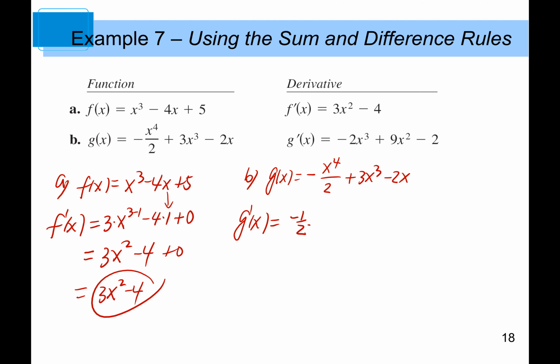Negative half, put the exponent 4 in front. Reduce the exponent by 1. Plus 3 times 3 x to the 3 minus 1. 2 times derivative of x becomes 1. So negative half times 4 becomes 2x to the third plus 9x squared minus 2.